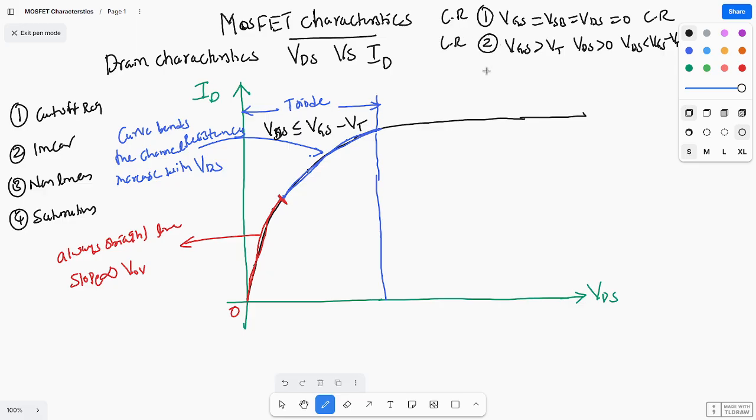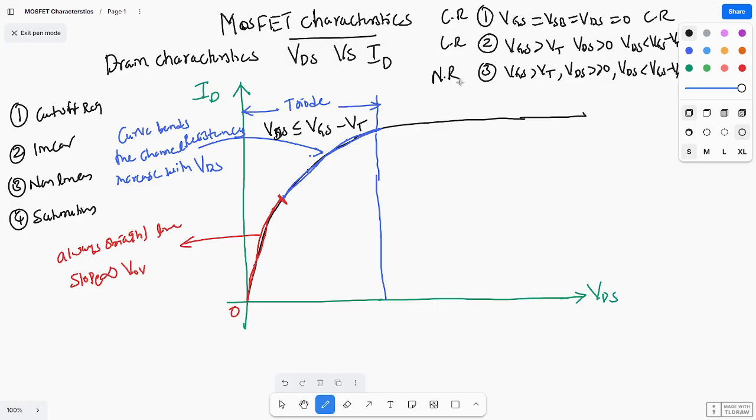Next, the non-linear region. VGS is greater than VT, so the channel is formed, and you increase VDS more and more such that VDS is still less than VGS minus VT. Channel resistance will increase as you increase VDS.